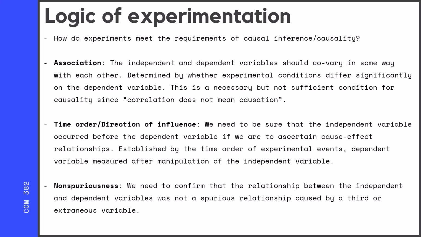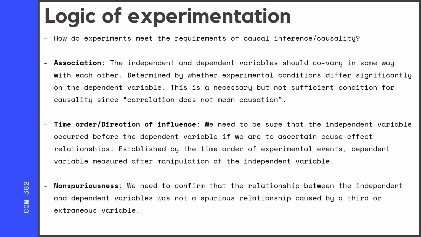The non-spuriousness, to confirm that the relationship between participating in this mindfulness meditation and improved academic performance is not spurious, that it's not because of something else, we have to control for all the extraneous variables that could affect academic performance. As I said earlier, students' motivation to improve their grades, their overall stress level.